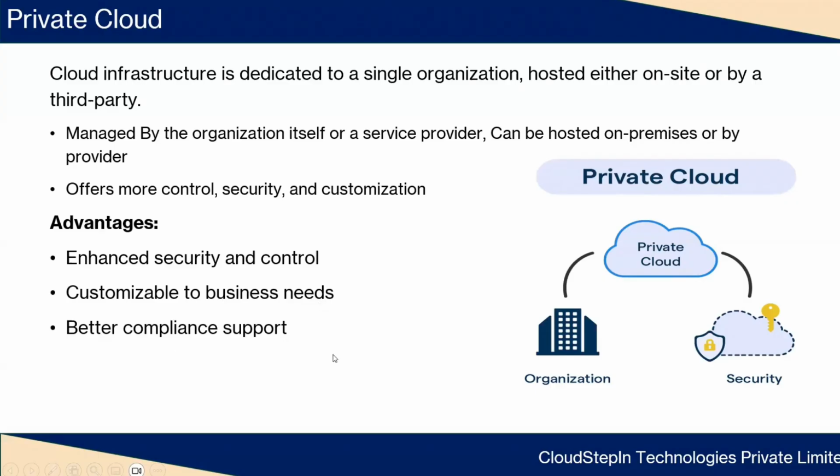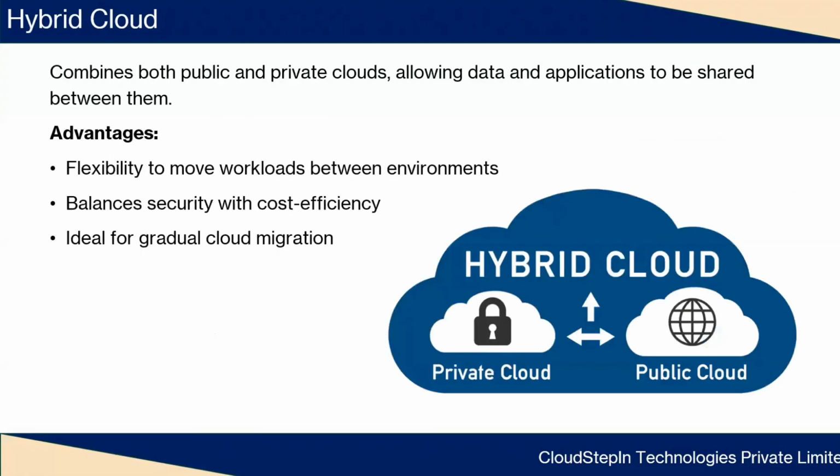Let's move on to the hybrid cloud. Hybrid cloud means a combination of both public and private clouds. The advantages of the hybrid cloud are the flexibility to move workloads between environments, from private to public.